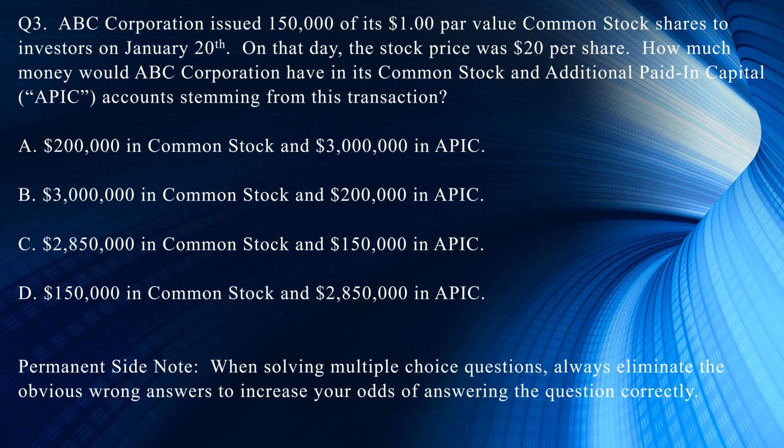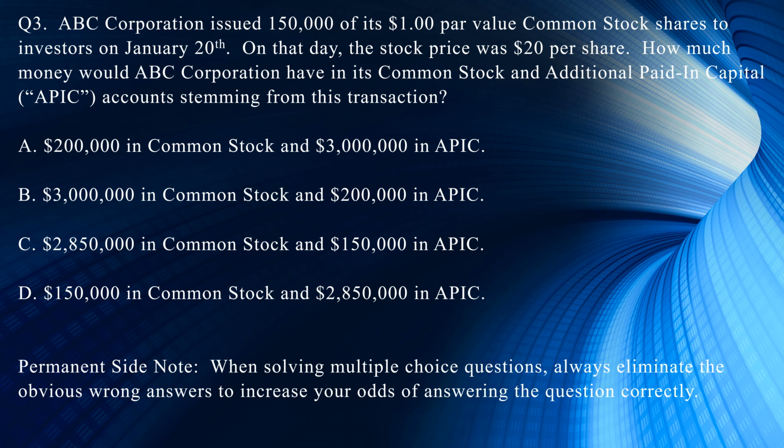So if we take 150,000 shares and we multiply by $20 per share, we come up with an amount of $3 million. So $3 million is the total amount, the total value of the transaction from the issuance of the shares. So we take that $3 million, and then now we have to back out the par value in order to determine what the additional paid-in capital amount is.